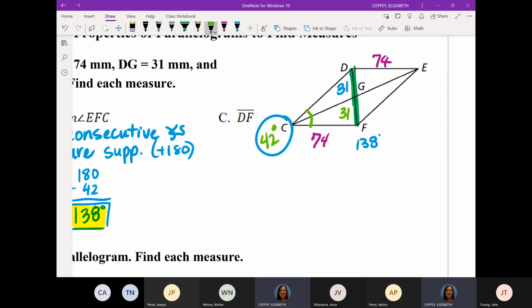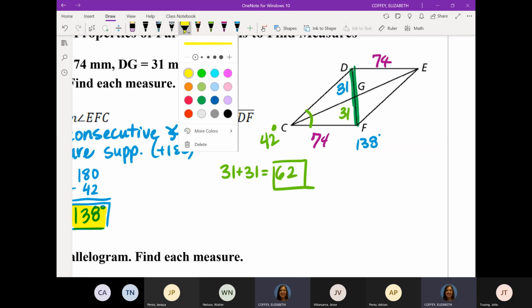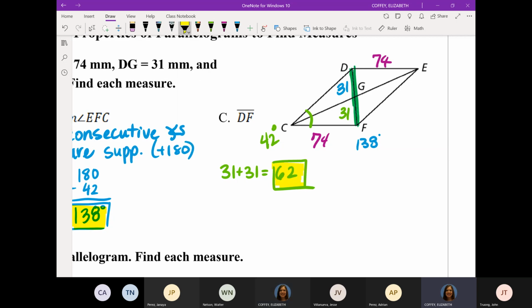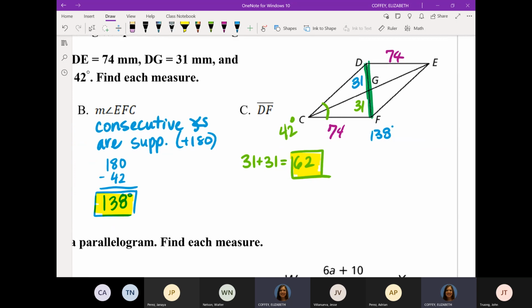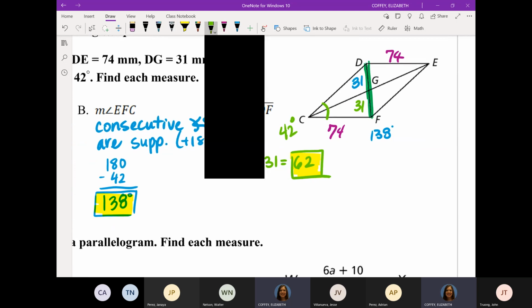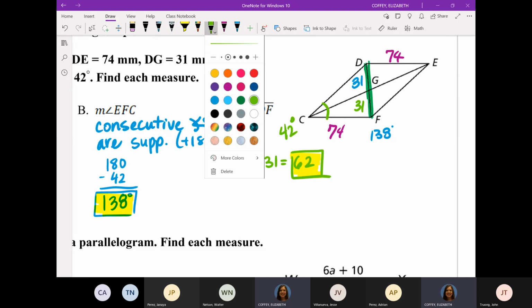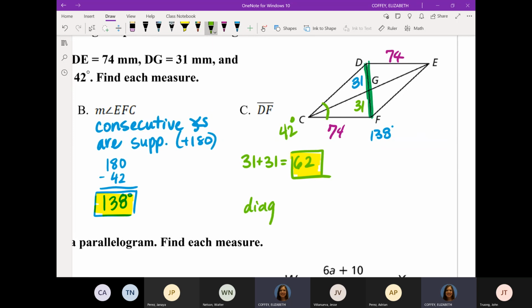Add them together. 31 plus 31, and that's going to give me 62 for my answer. Okay? Oh, I didn't write down the property here. You don't need to write down the properties, but it is helpful. Okay? Like in case you're going back and you're not sure how to do your homework. Diagonals bisect each other.